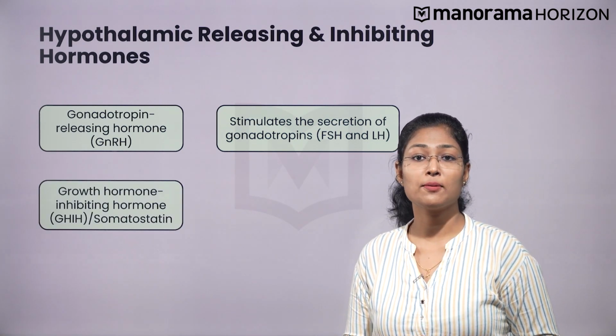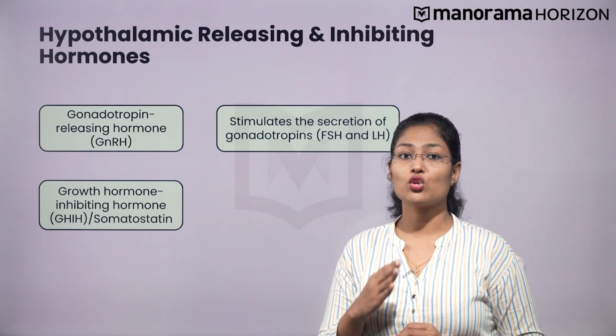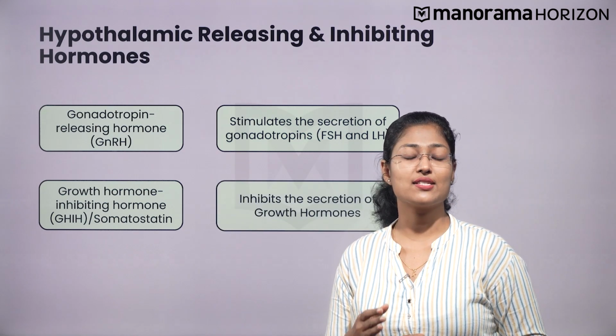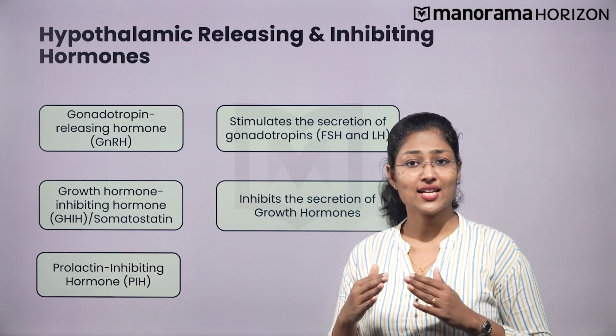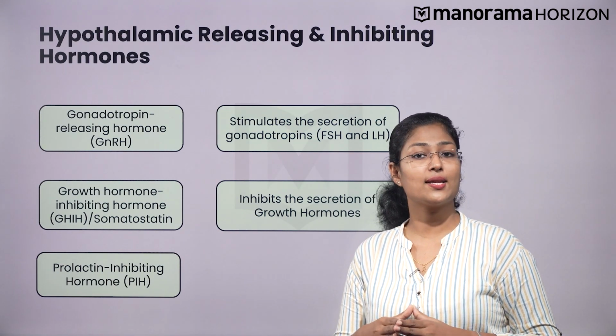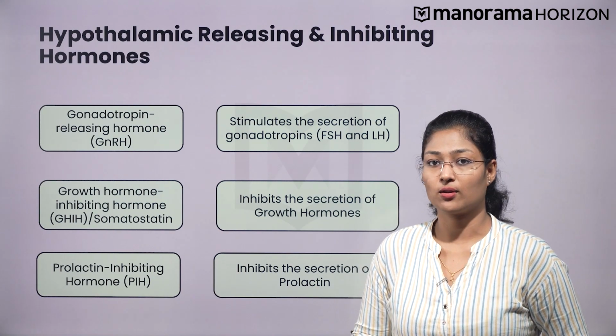Growth hormone inhibiting hormone, that is GHIH, also called somatostatin, inhibits the secretion of growth hormone. Prolactin inhibiting hormone, that is PIH, inhibits the secretion of prolactin.